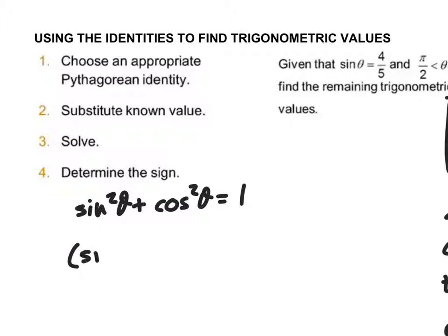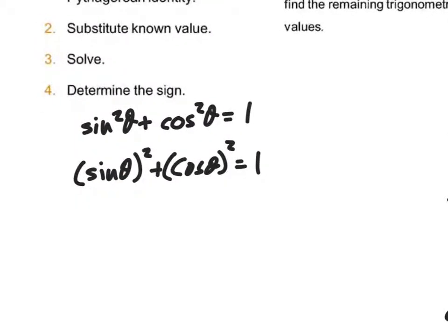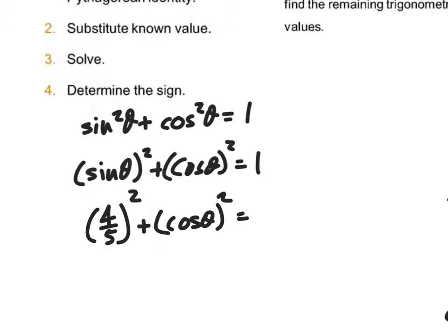I'm going to do sine of theta squared plus cosine of theta squared is equal to 1, so I'm changing it over to that. Now I'm going to substitute in 4/5 for sine of theta. So watch what happens here. I'm going to do 4/5 squared plus cosine of theta squared is equal to 1.